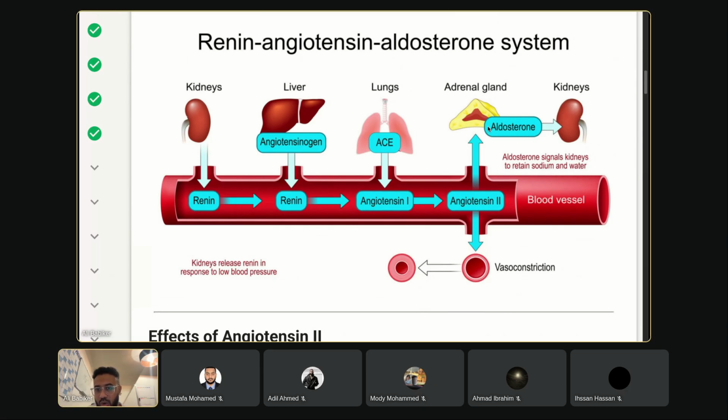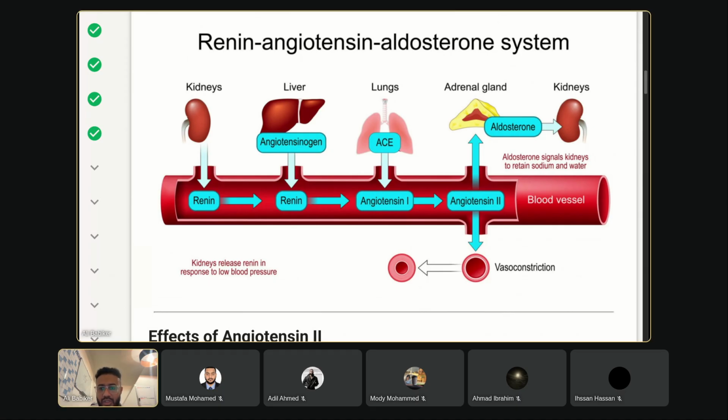Angiotensin 2 will go to the adrenal gland, specifically to the zona glomerulosa, and enhance the production of the aldosterone. And then the aldosterone will be secreted in the body and has a specific effect in the kidney, causing vasoconstriction at the end. So this image is such a high yield image.